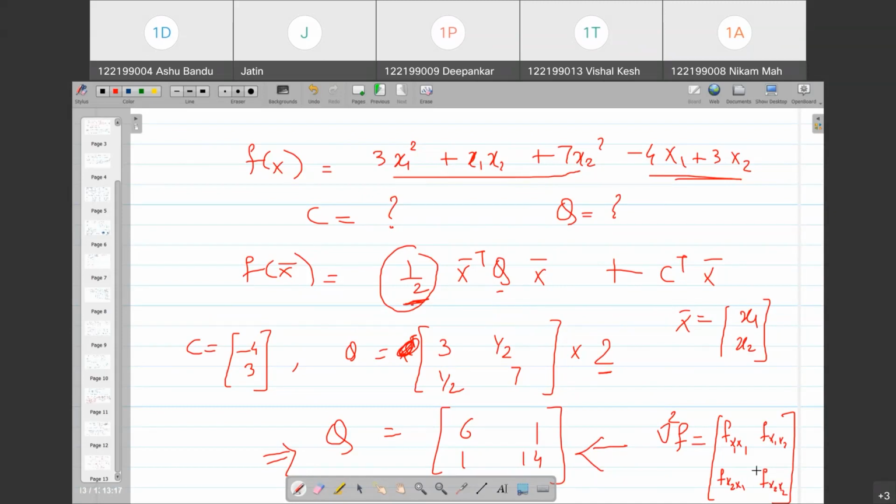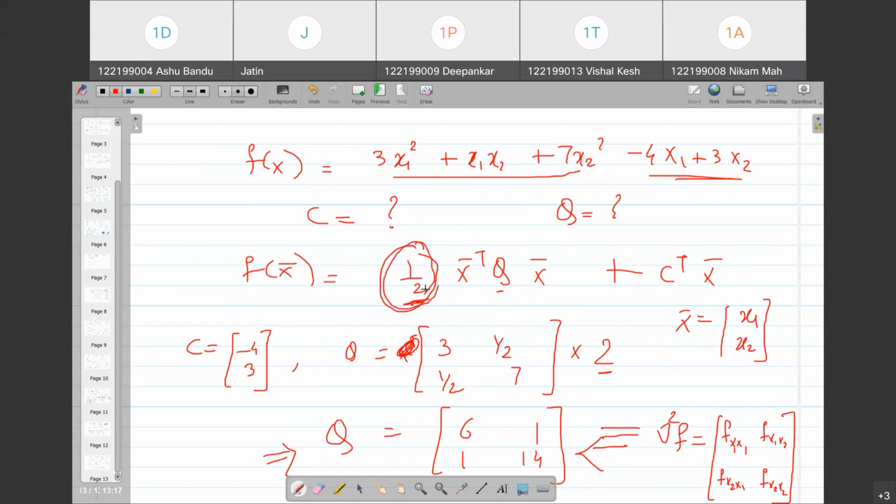Same answer, sir. Anybody else get the same answer? Yes, okay, good. So your Hessian actually comes out to be the Q matrix, because of this factor half.